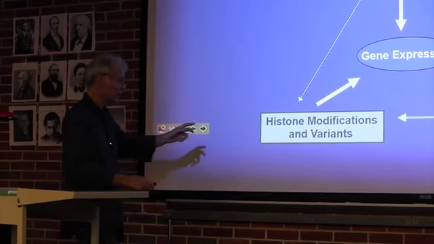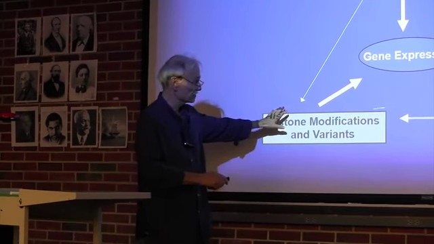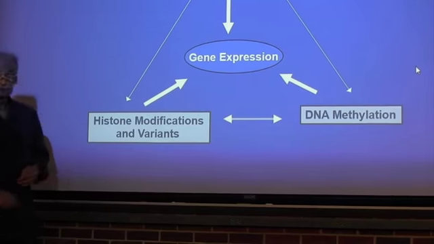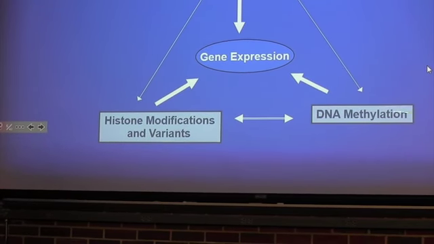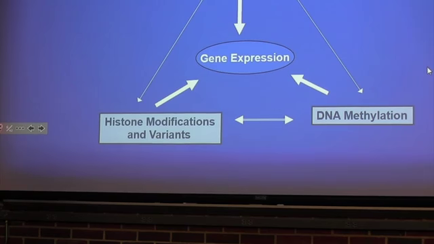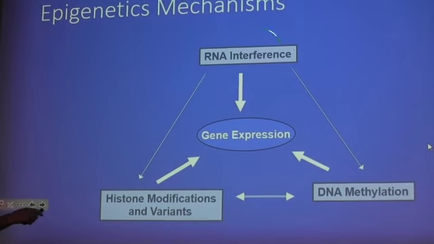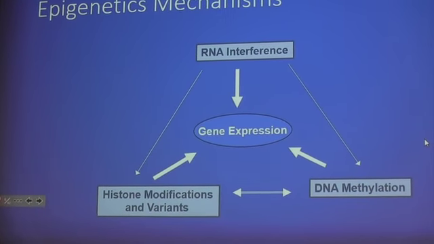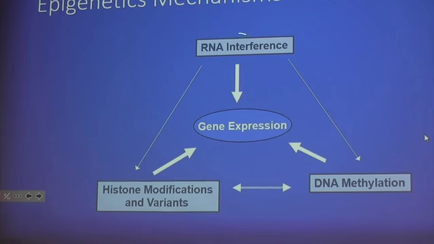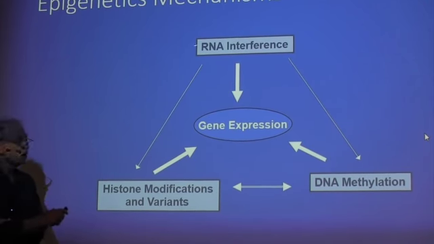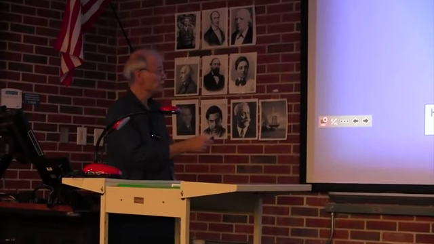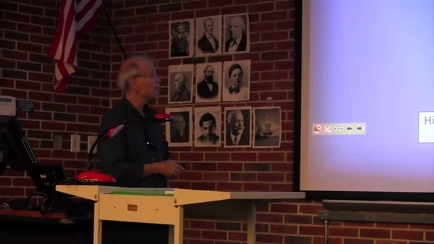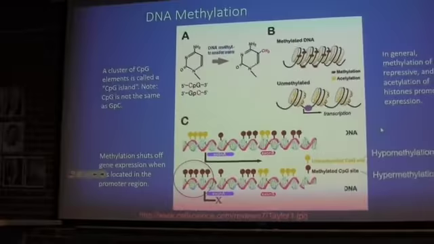DNA methylation, you don't change the base sequence, but you methylate the CpGs. And then RNA interference, and we've talked about this some too, where double-stranded RNA triggers all of these silencing mechanisms with Argonaute, Slicer and Dicer, and that kind of stuff. They're the three, sort of the triad of epigenetic mechanisms.